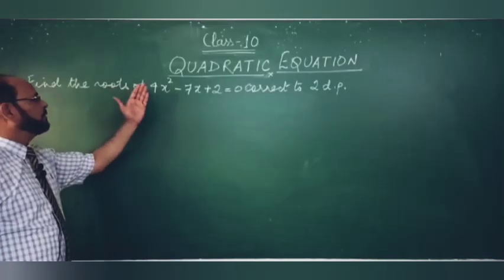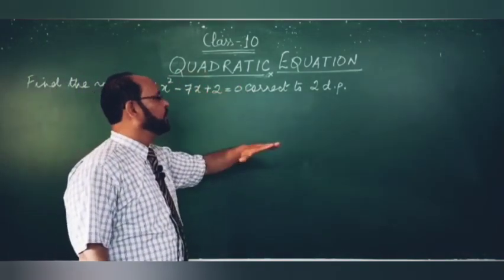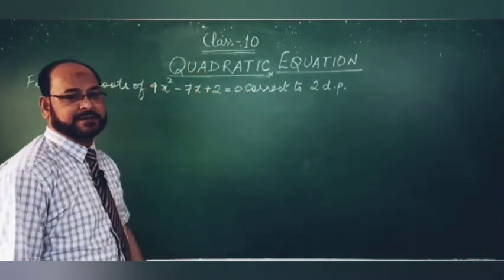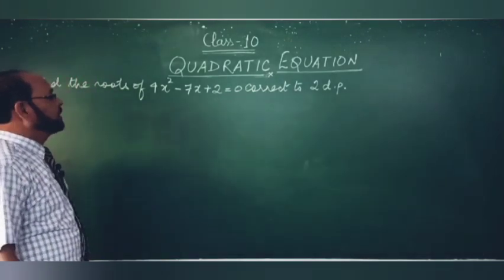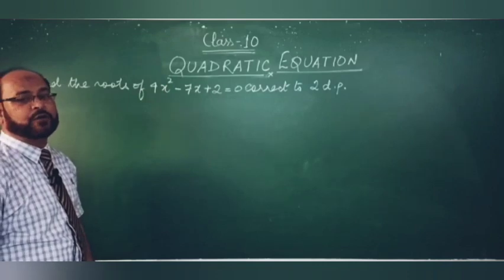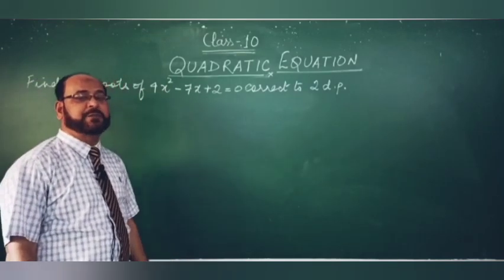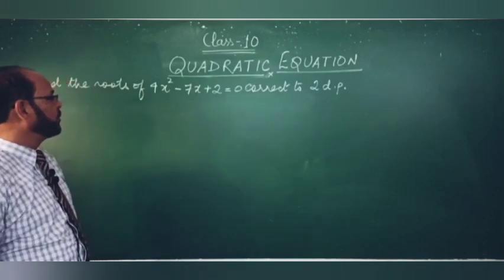Find the roots of 4x square minus 7x plus 2 equals to 0 correct to two decimal places. First of all, we will compare this given quadratic equation with the standard form of quadratic equation, which is ax square plus bx plus c equals to 0.